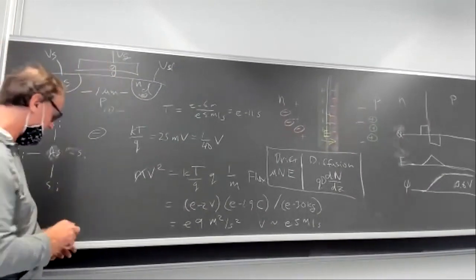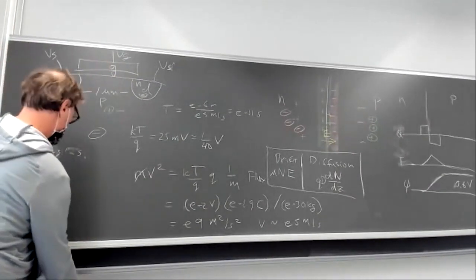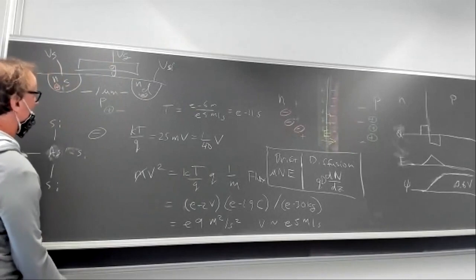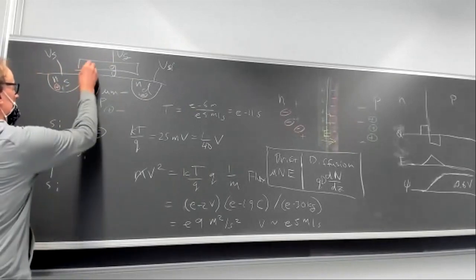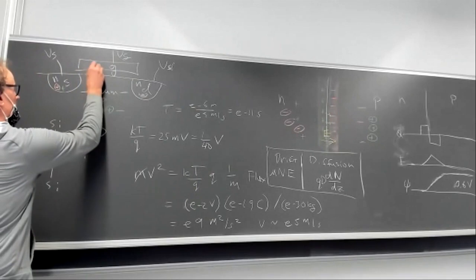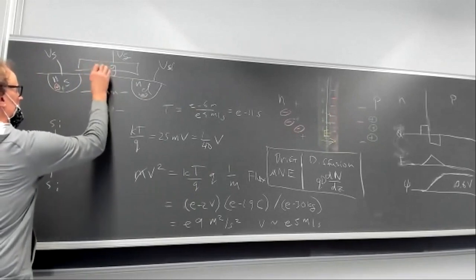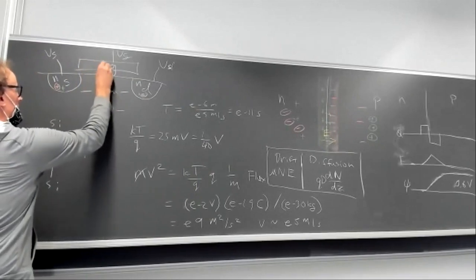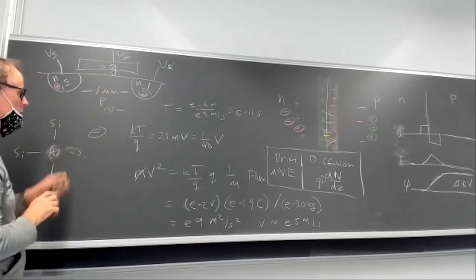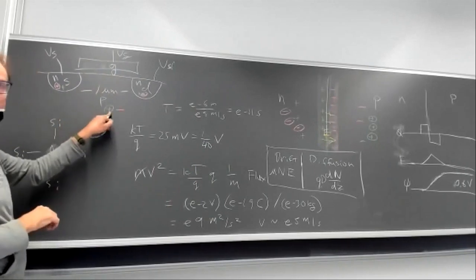If you put a little bit of positive charge on the gate, which is a metal, it's very highly doped silicon, so it just acts like a metal, the effect is just to push away these holes.